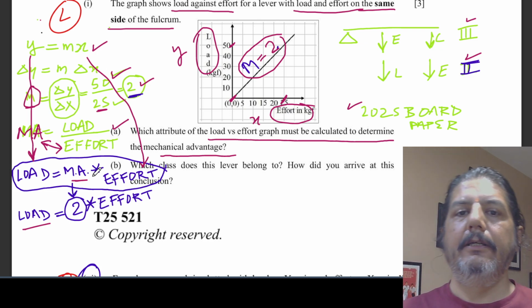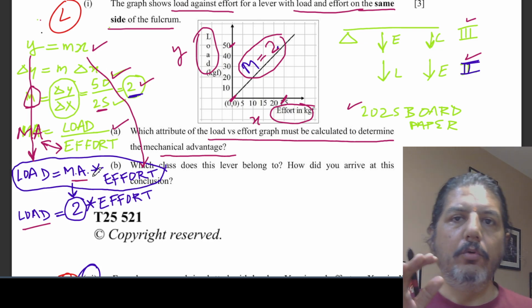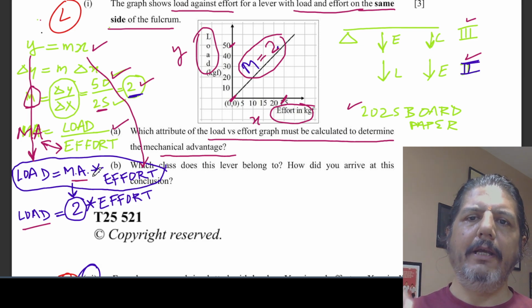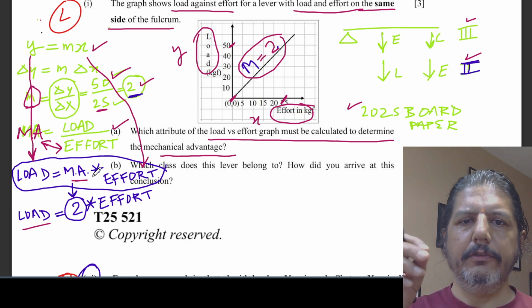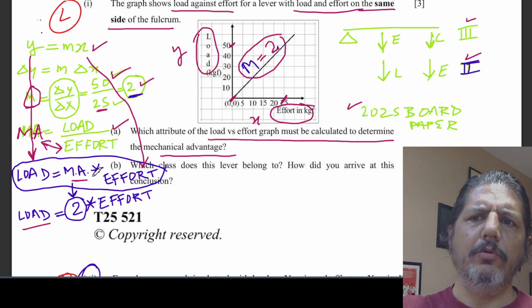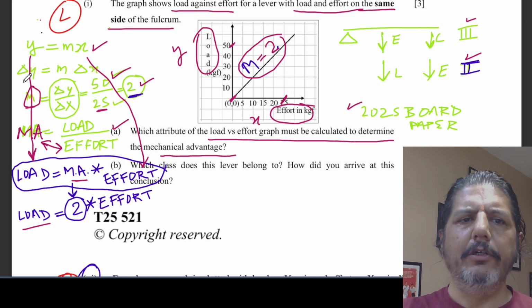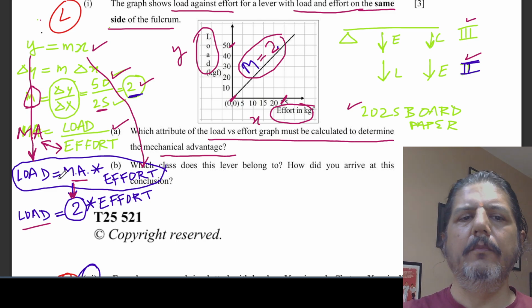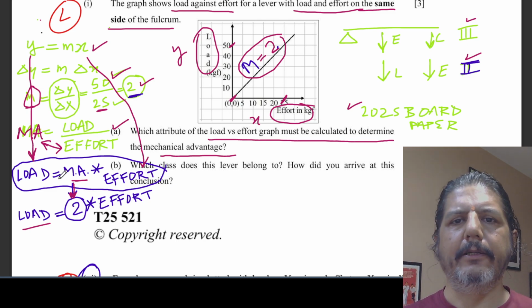So remember that if you are given a load effort graph, the slope of a load effort graph gives the mechanical advantage of the lever which is being talked about. In this case, it will be case 2 or case 3 that we'll discuss. So mechanical advantage for this case is 2. I hope you are with me till here.